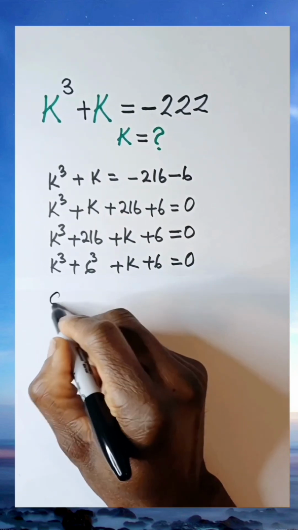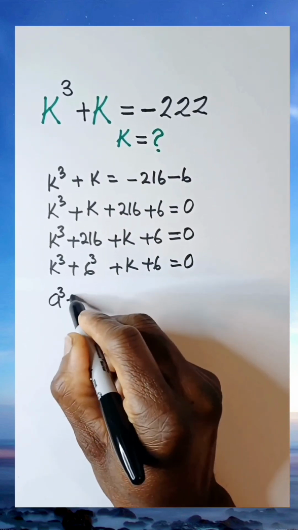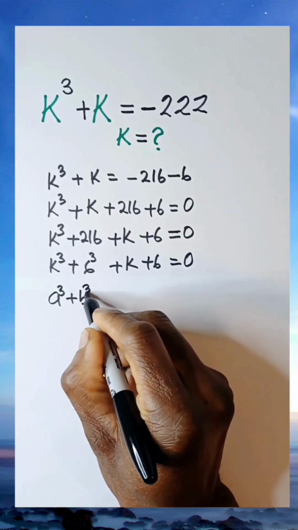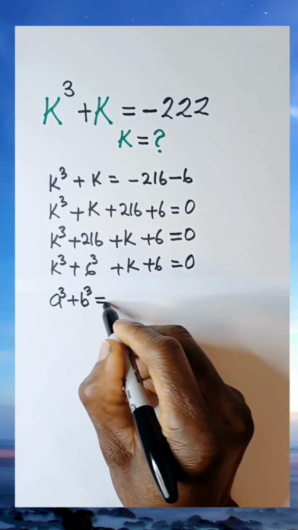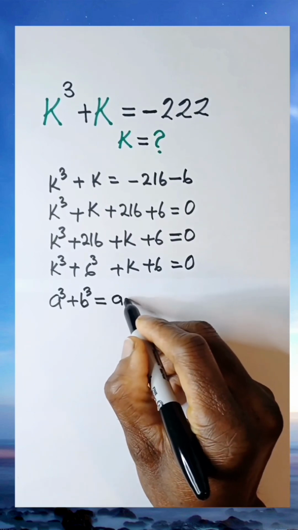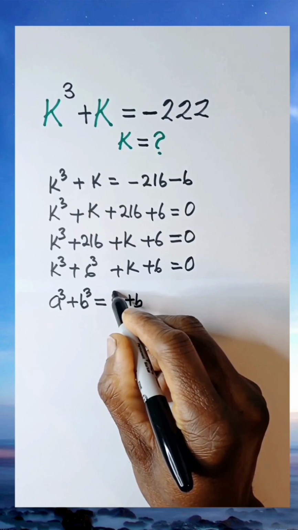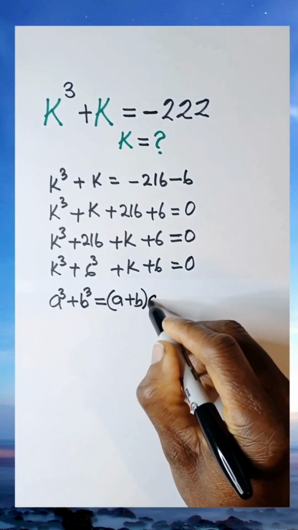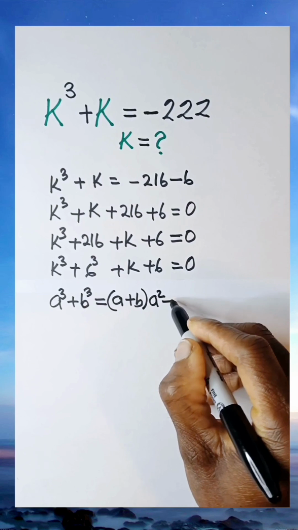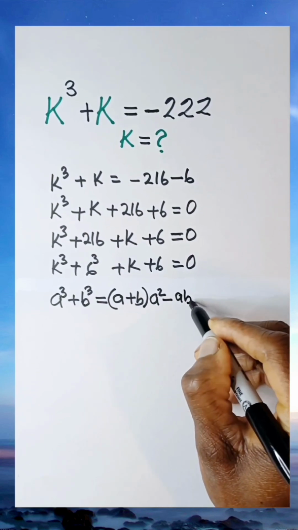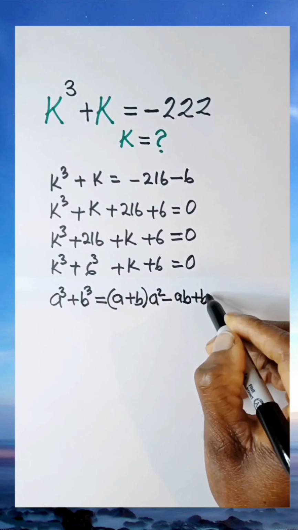If we have a raised to the power of 3 plus b raised to the power of 3, this is equal to a plus b times a squared minus ab plus b squared.